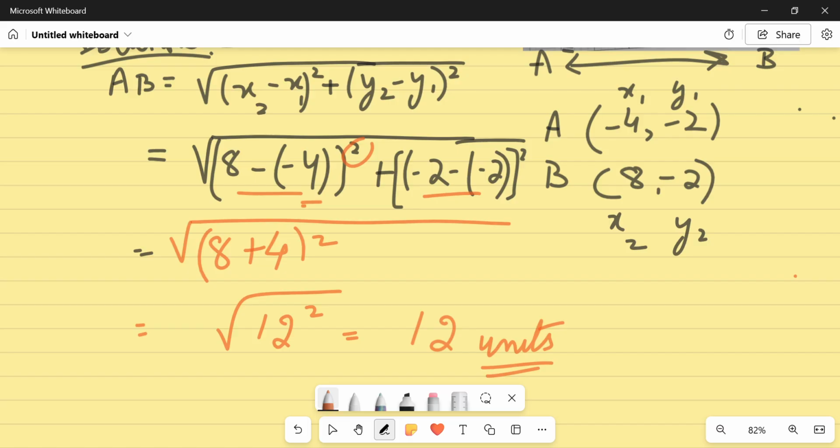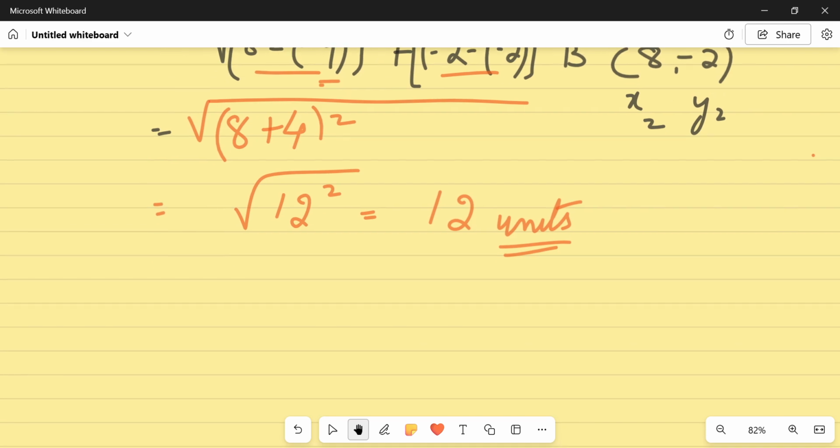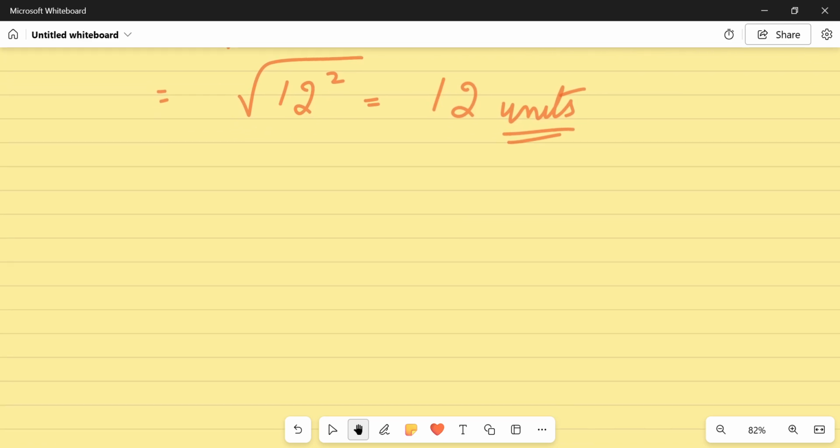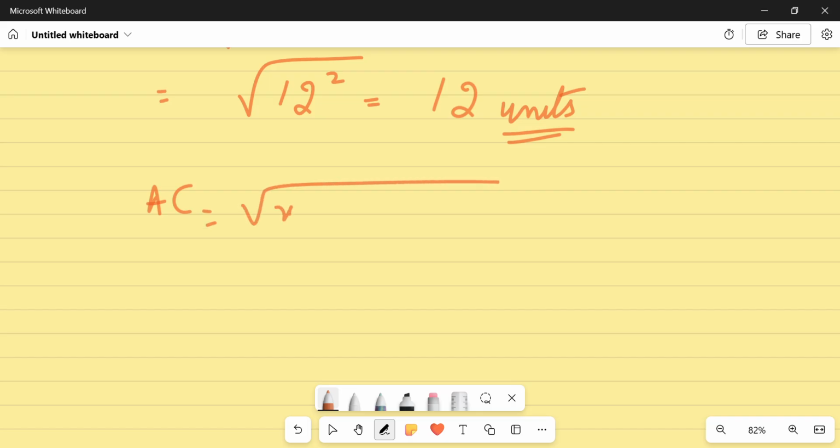Now let's find AC. AB we have done. Now we're going to find AC, with the same formula: the square root of (x2 minus x1) the whole square plus (y2 minus y1) the whole square.